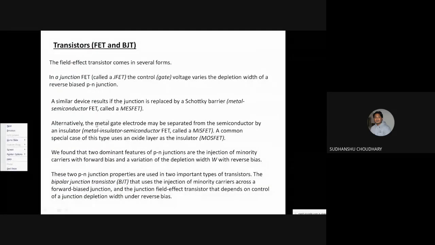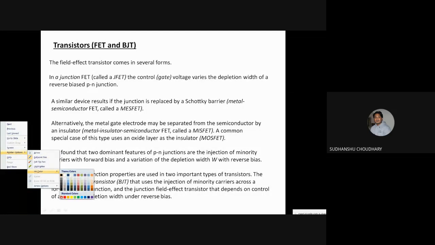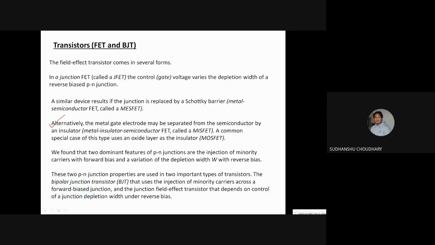Now the third device, the third form of FET, is called the metal insulator semiconductor field effect transistor. Two forms are already mentioned, JFET and MESFET.